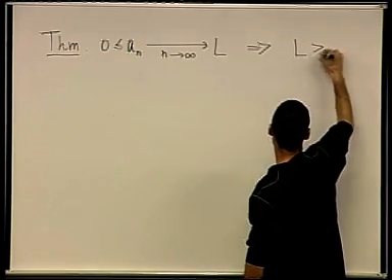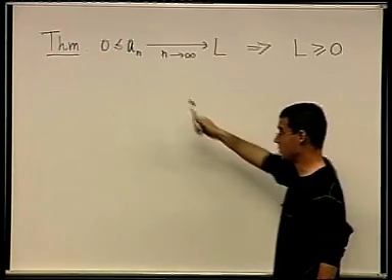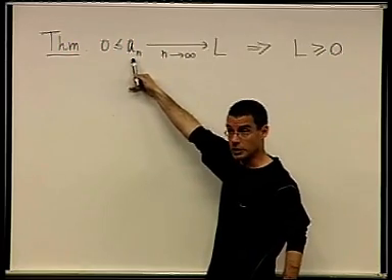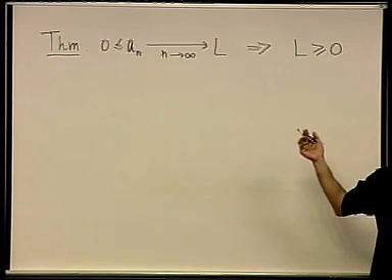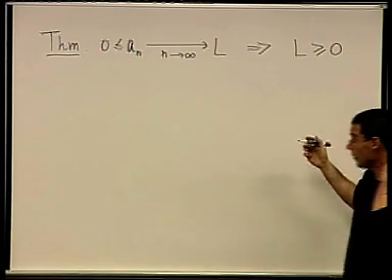L is also going to be non-negative. If you have a sequence of non-negative numbers that converges, the limit can't suddenly be negative. Do you agree to this? Does it make sense? Okay.